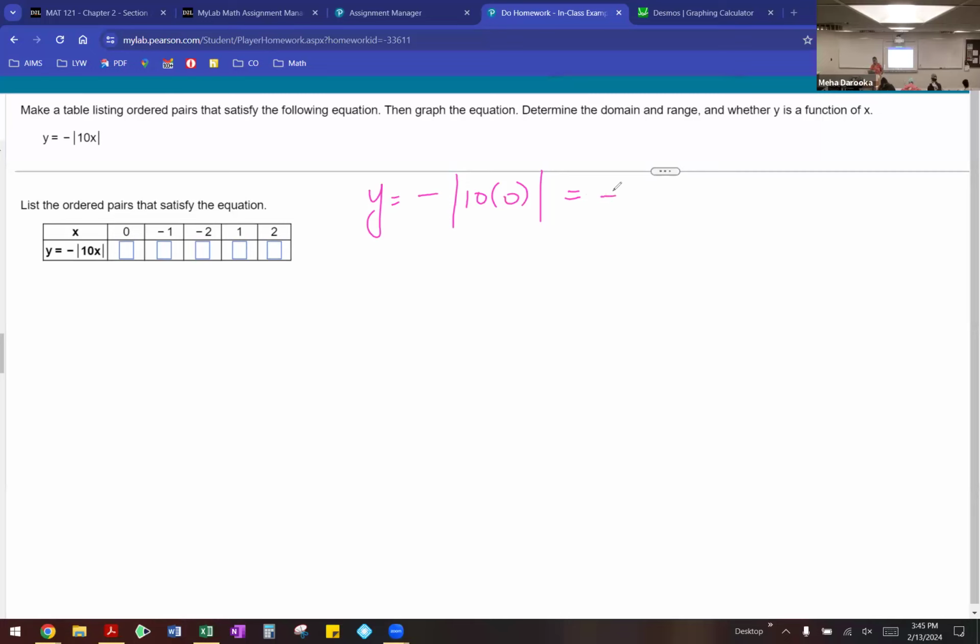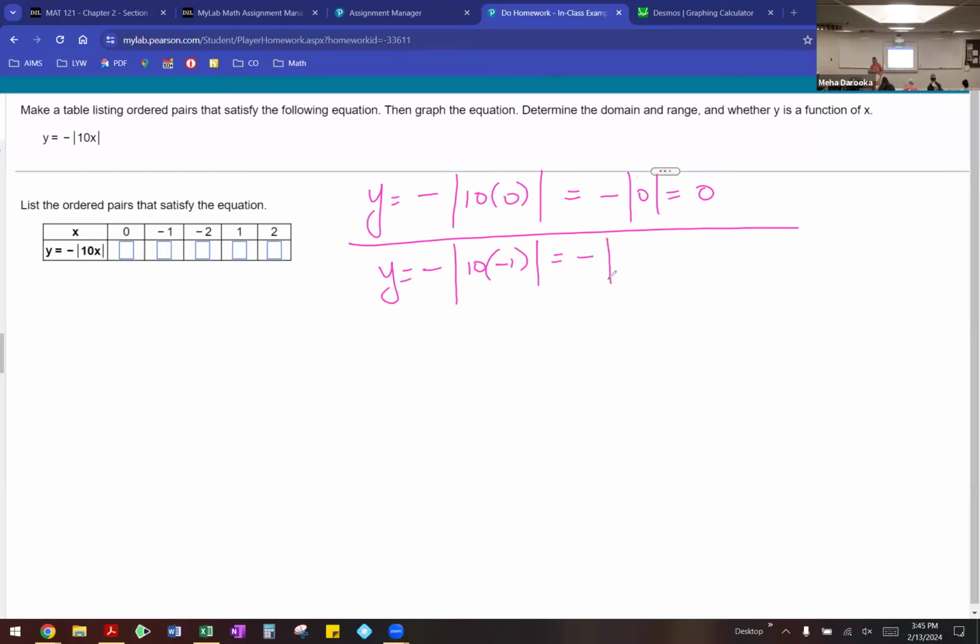Yeah, because 10 times 0 is 0, absolute value of 0 is 0, 0 does not really take a negative sign, so it just becomes 0. Okay, then we have again negative on the outside, 10 times x, x is now negative 1. So what will it come out to be? Is it negative 10?